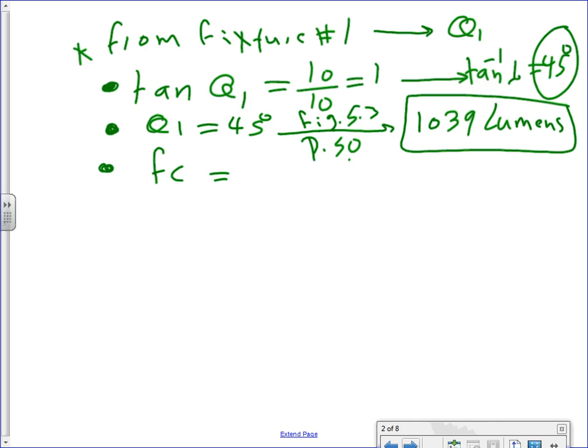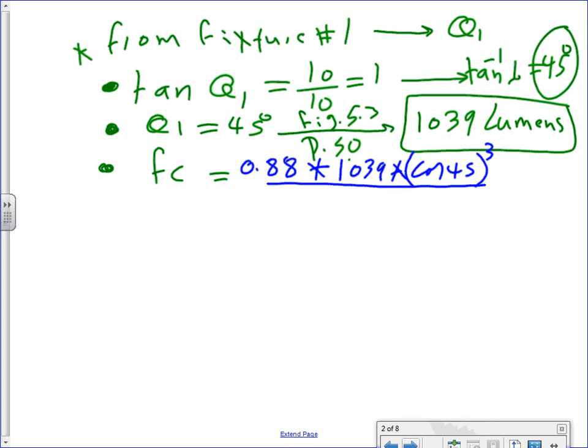So I'm going to use, let me use a different color here, 0.88, multiply this one by 1039 times cosine 45 to the power 3. Divide everything, gentlemen, by 10 to the power 2. And when you do all this, you should come up with what I think is 3.23.